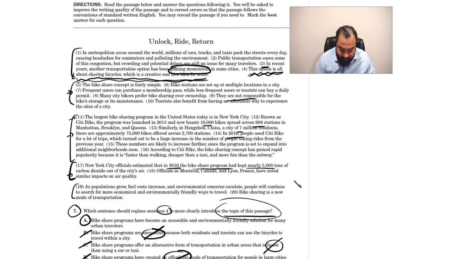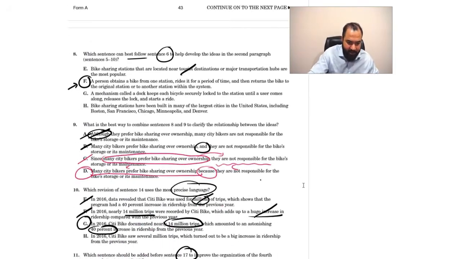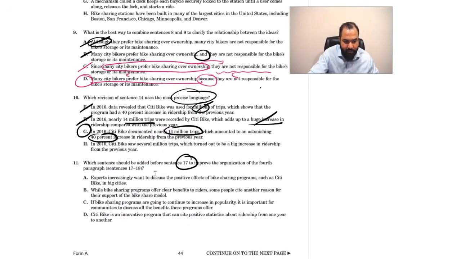So this line says how the bike sharing program actually helped the environment. Before it talked about other benefits, now it's saying that the environment is also going to be safe. So let's see what sentence should be added before it to make it better. Sentence 17 is about how the bike sharing program helped the environment. So what should I put before that?